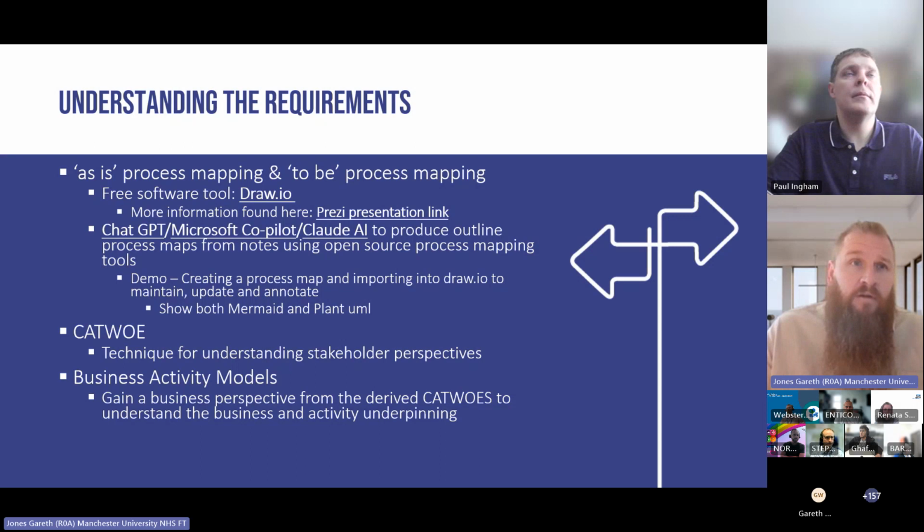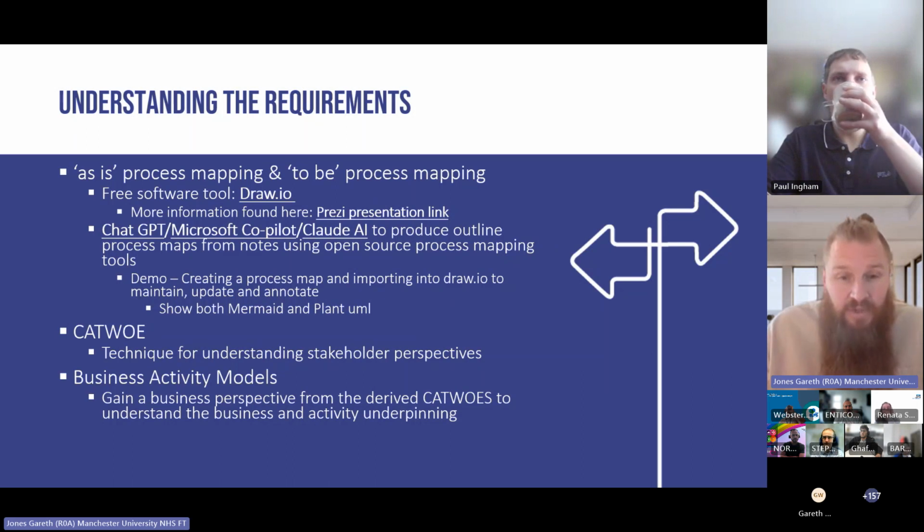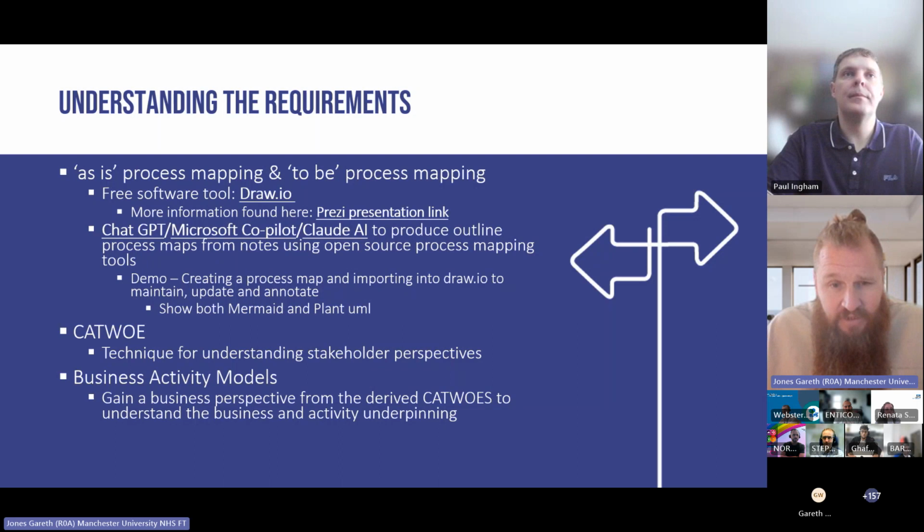In terms of process improvement, process mapping, and understanding where you need to be, there's something called CATWOE, which is a technique for understanding stakeholder perspectives. Ultimately, what you need to recognize is that whilst you may be the one designing the process, you're not the only one who's going to be using the process or the solution.